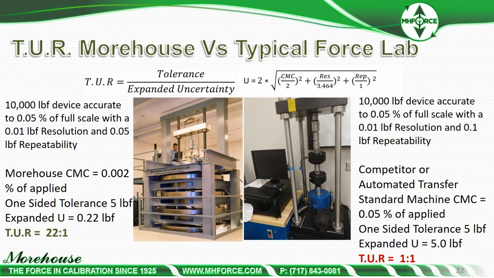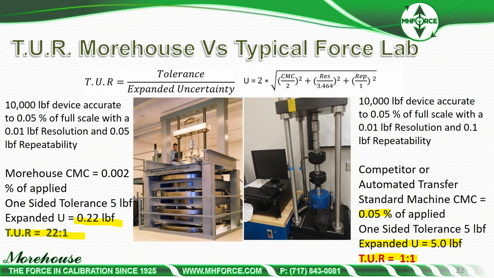Morehouse CMC is 0.02% of applied, one-sided tolerance 5 pounds, expanded uncertainty 0.22, TUR of 22 to 1. We go over to a typical force lab, and they're operating around 0.05% of applied, not 0.16. In this scenario, they have an expanded uncertainty of 5 pounds and a TUR of 1 to 1.